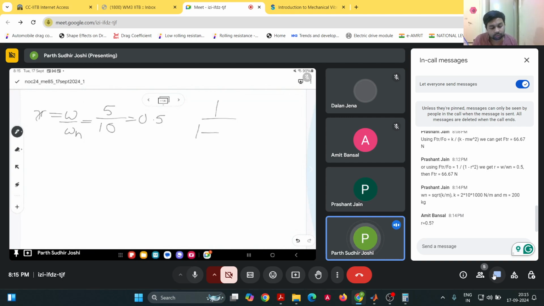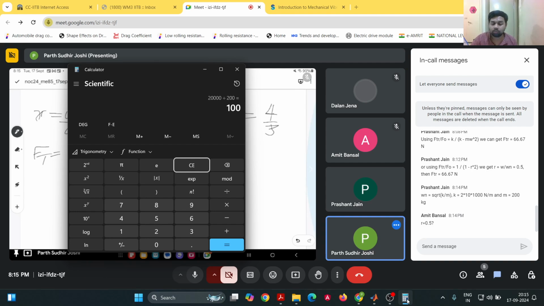Yeah, 1 upon 1 minus r square, so Ft will be 50 into 4 by 3, so 200 by 3, which actually comes out to be 66.67.